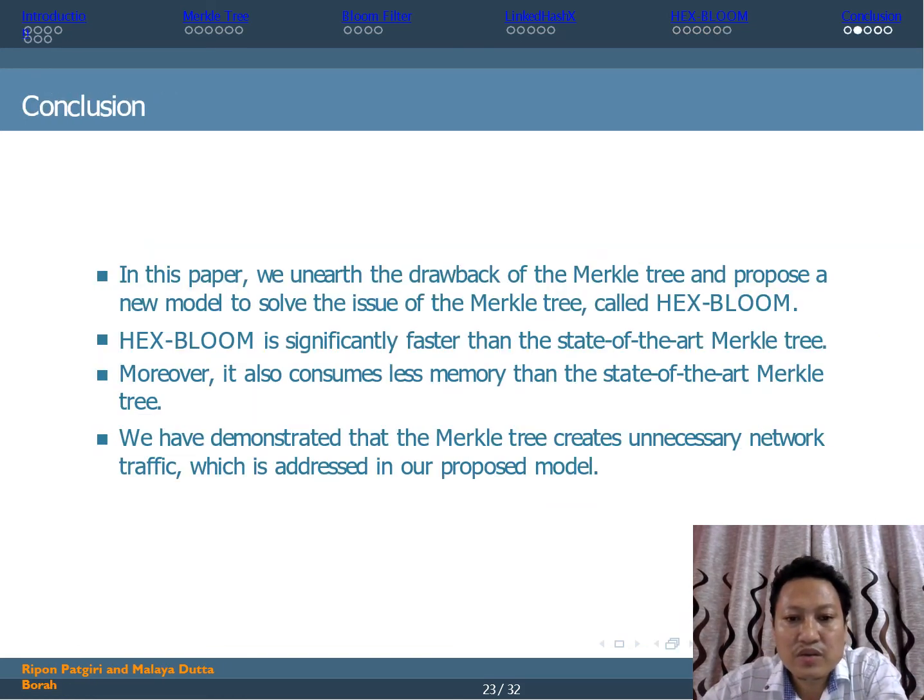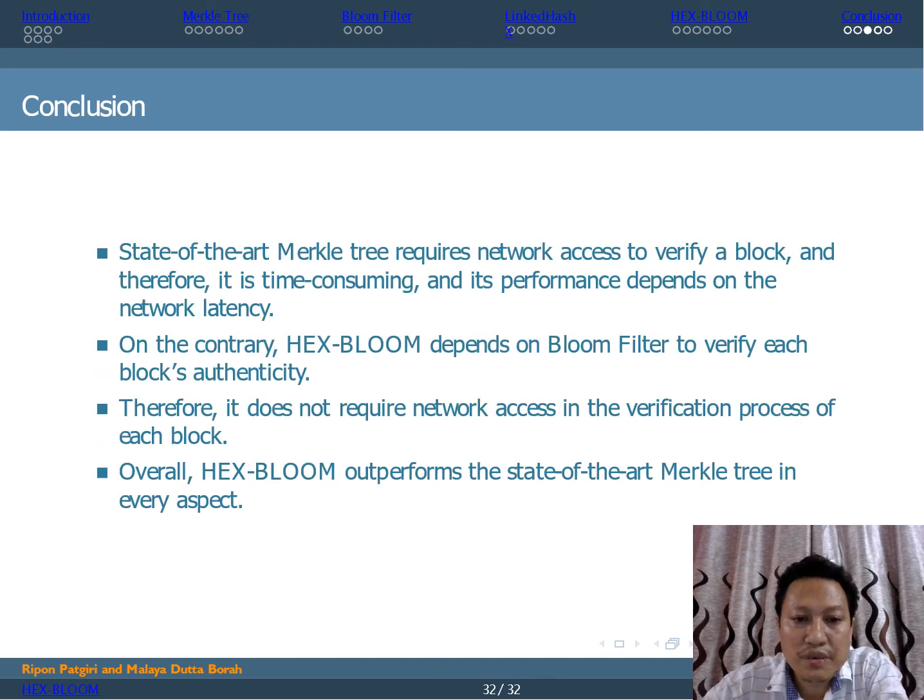In this paper, we unearthed the drawbacks of the Merkle tree and proposed a new model to solve its issues, called HEX-BLOOM. HEX-BLOOM is significantly faster than the state-of-the-art Merkle tree. Moreover, it consumes less memory. We have demonstrated that the Merkle tree creates unnecessary network traffic, which is addressed in our proposal.